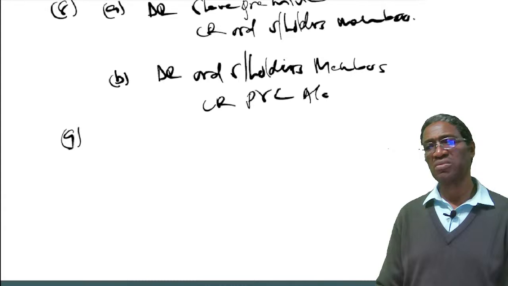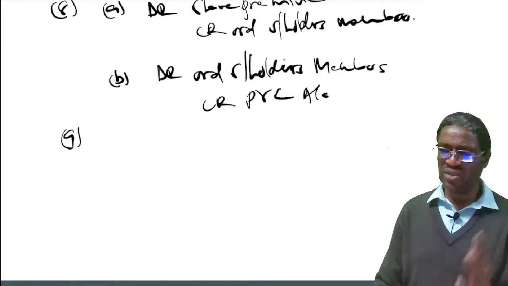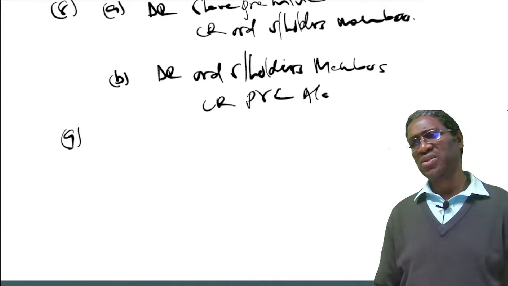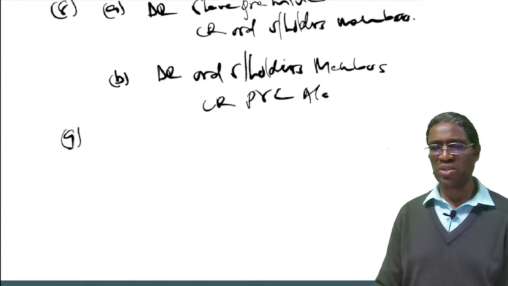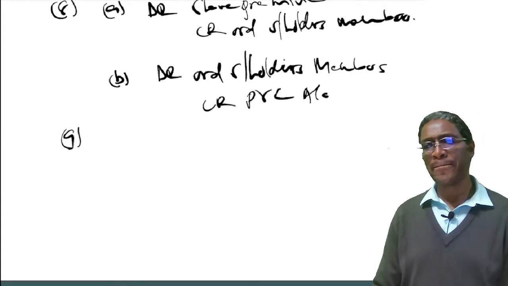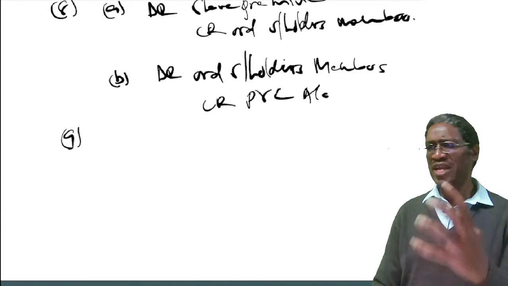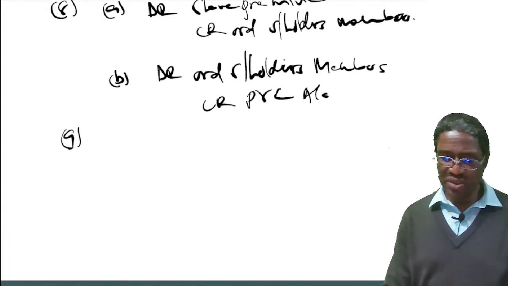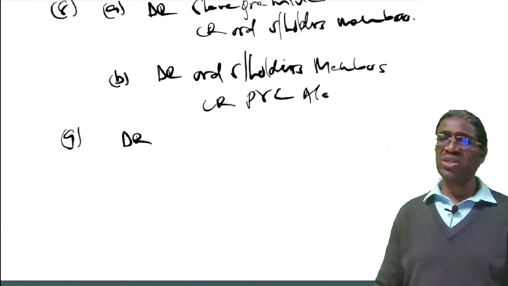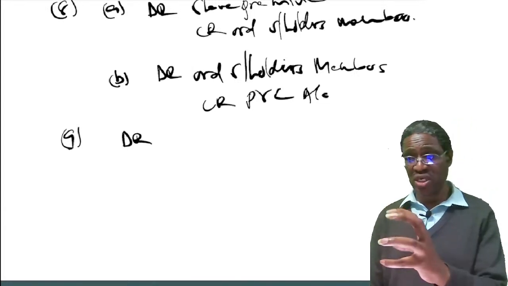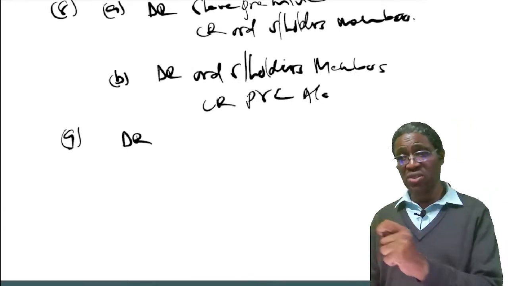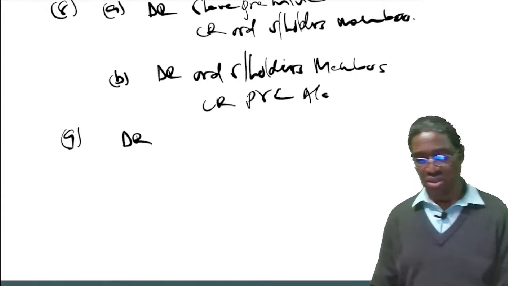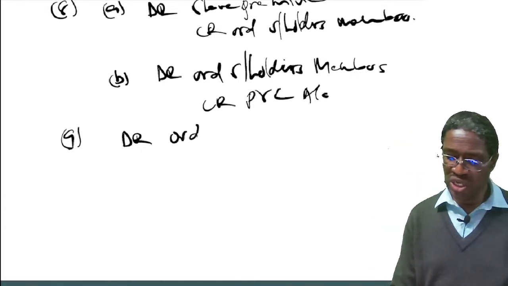E.g. goodwill, patents, copyrights, those ones. In most cases, they are normally in form of intangible assets. So we are transferring them. We are saying transfer fictitious assets to the ordinary shareholders members. You debit ordinary shareholders members.